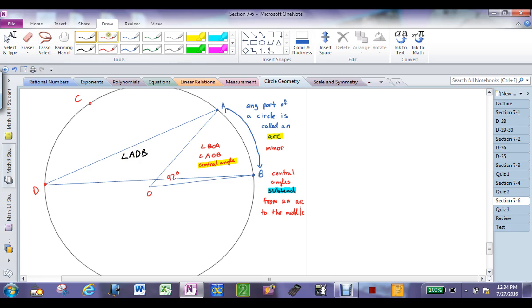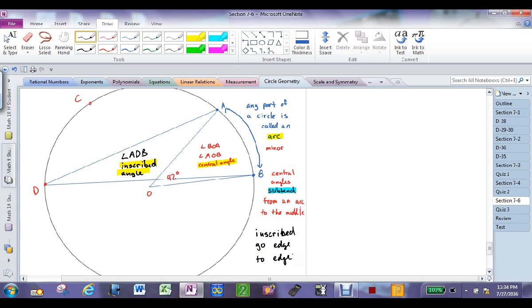That is called an inscribed angle. Okay, and I'm going to write that here. Inscribed angles go edge to edge.